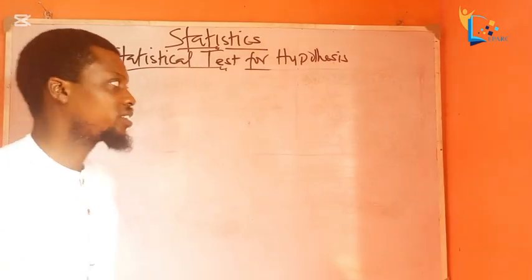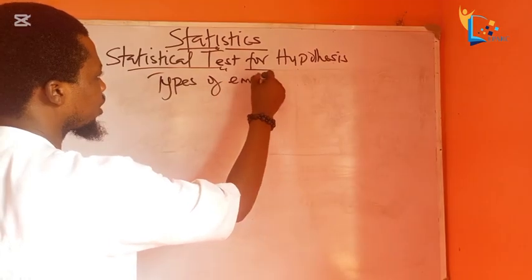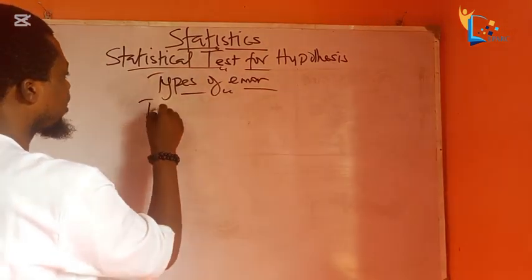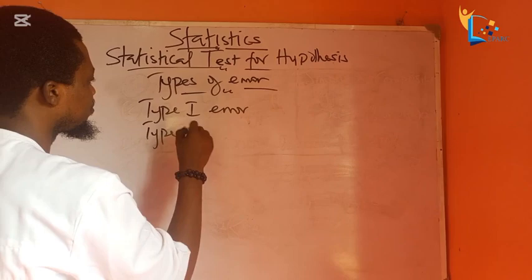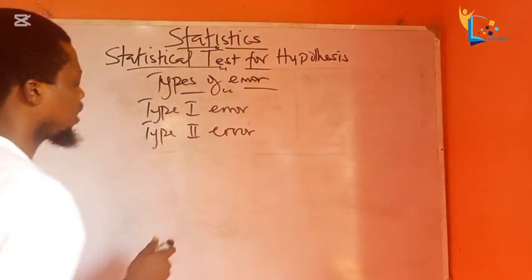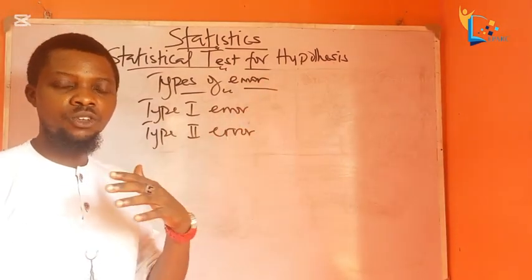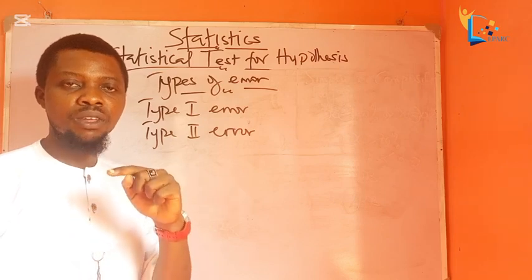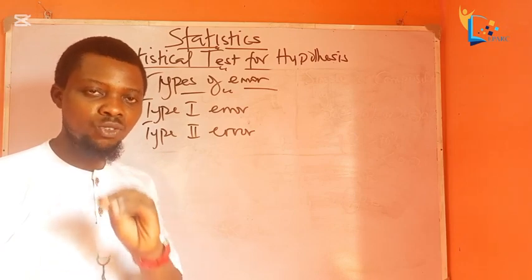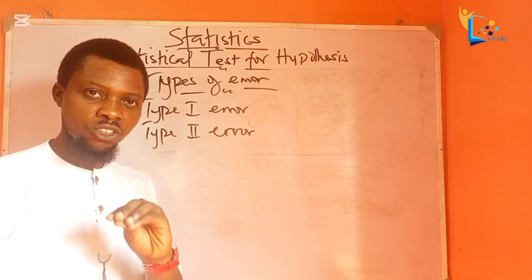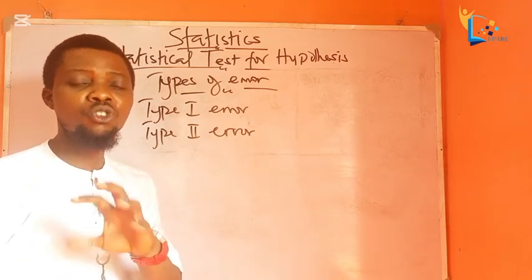So now we're going to be looking at the types of error. We have the type 1 error and the type 2 error. The type 1 error means rejecting the null hypothesis which is actually true, which should have been accepted.